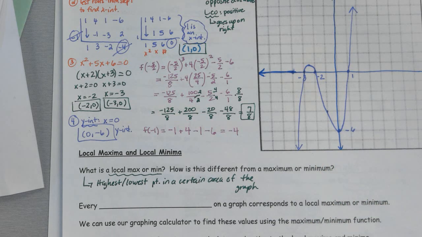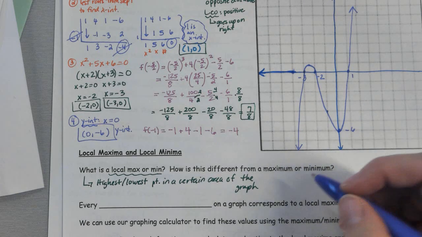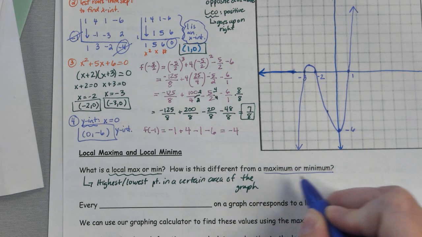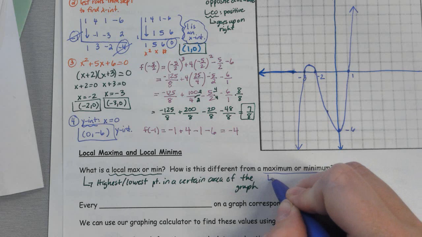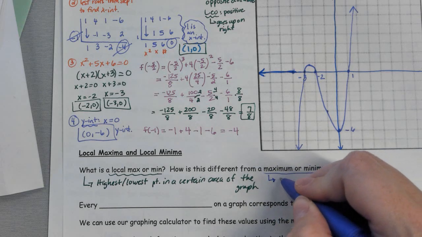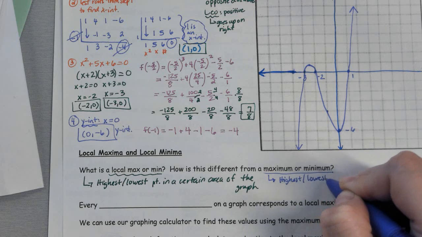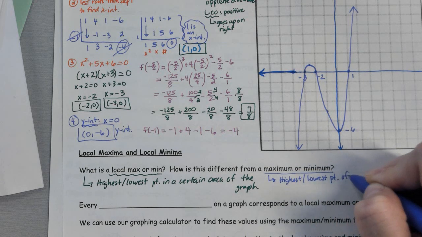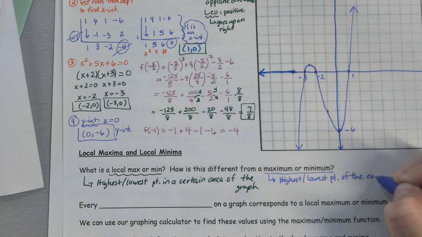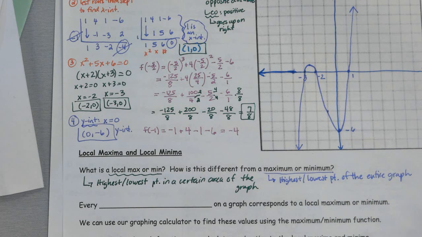That's how it's different than a maximum or a minimum, which is the highest or the lowest point of the entire graph.